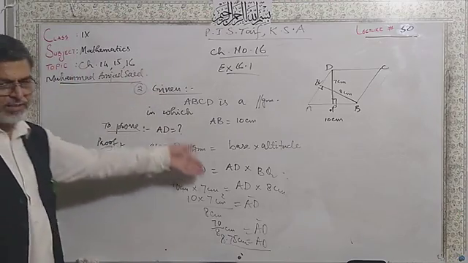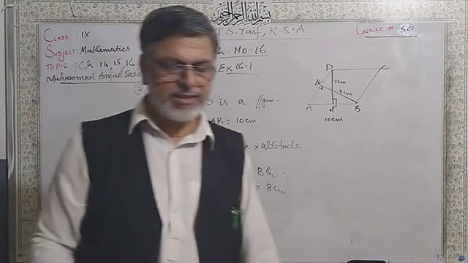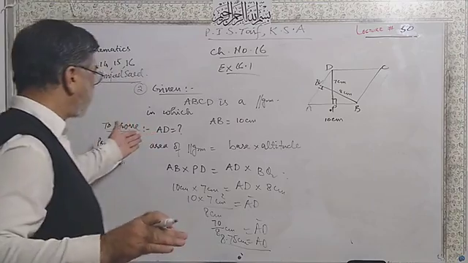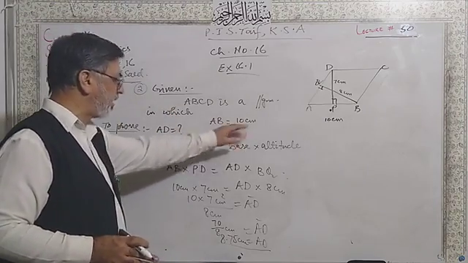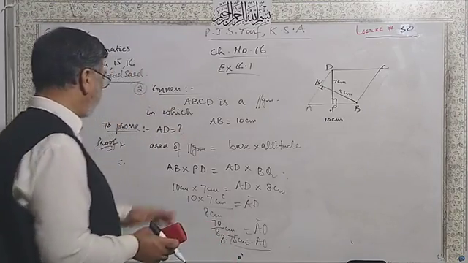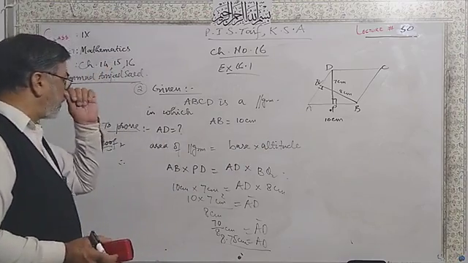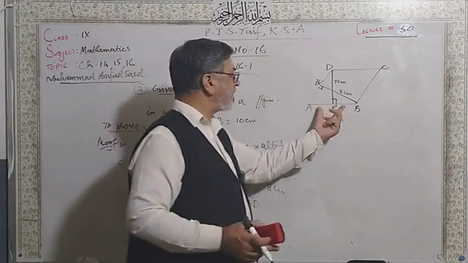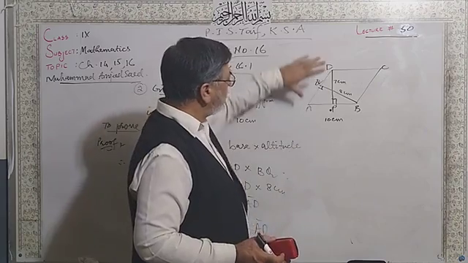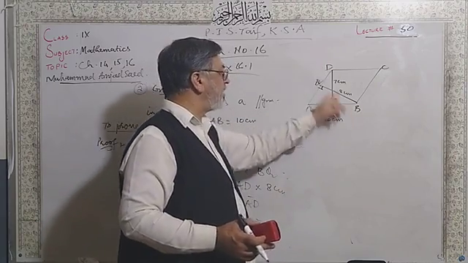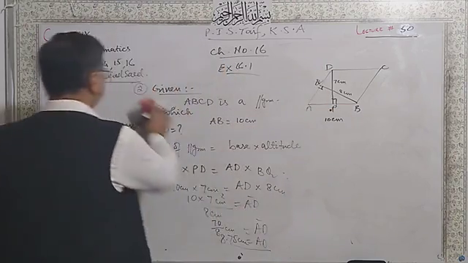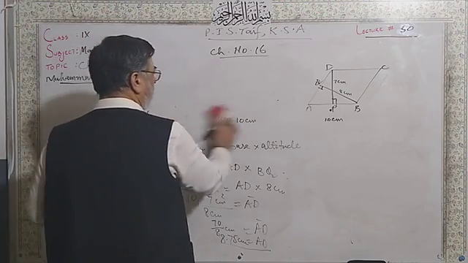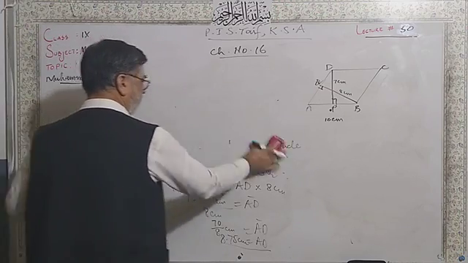So dear students, that was your question of exercise 16.1. You have applied the formula, base into altitude. Here AD is base and altitude is BQ. In this way we have found the unknown values.